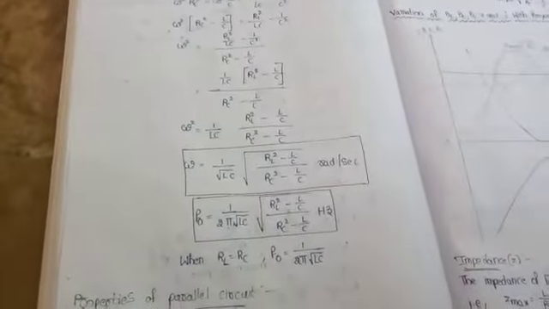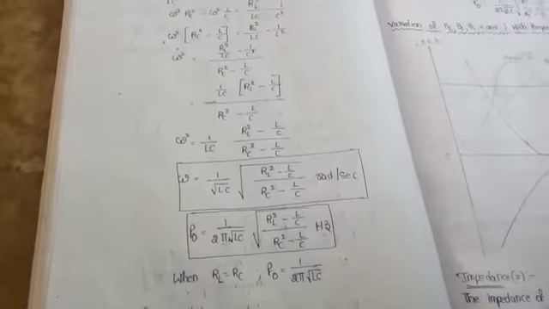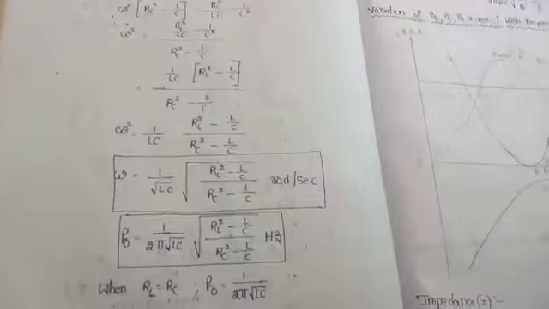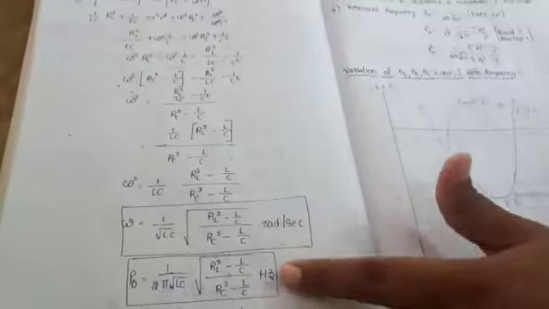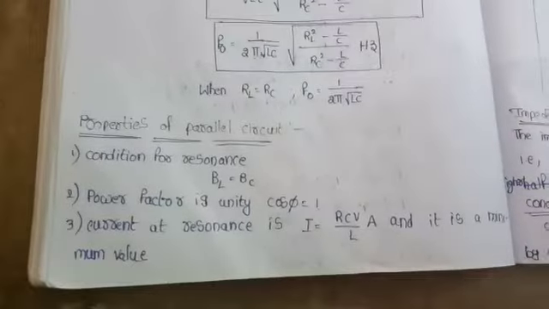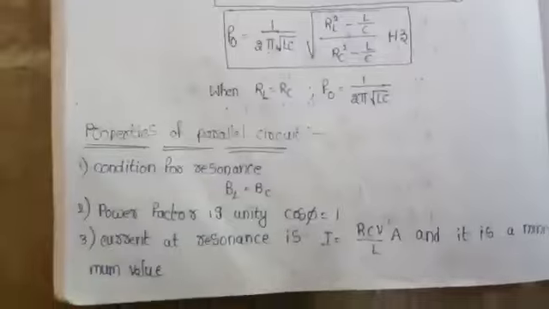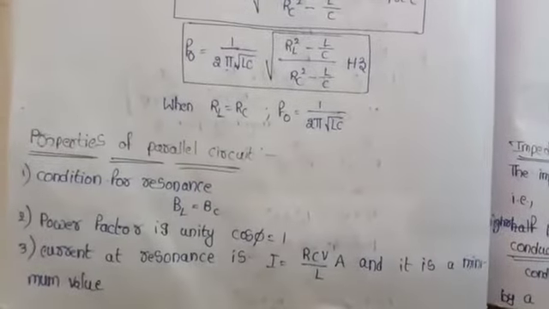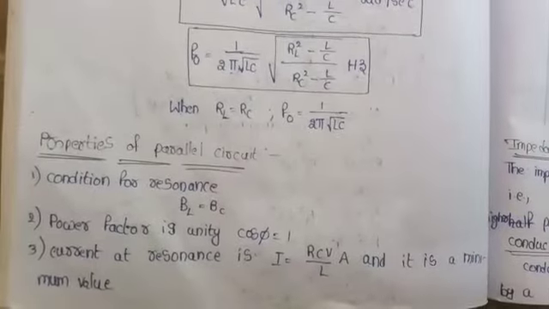These two are the most important derivations in the parallel resonant circuit. The tank circuit is nothing but a practical inductor and a fixed capacitor. The other one is a practical inductor and a practical capacitor. Now, the property of a resonant circuit: in series resonance, resonance occurs when XL equals XC, but in parallel resonance, the inductive susceptance equals the capacitive susceptance, and the power factor is as usual unity.